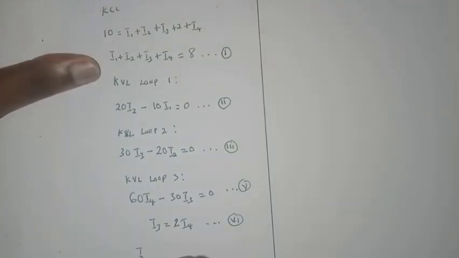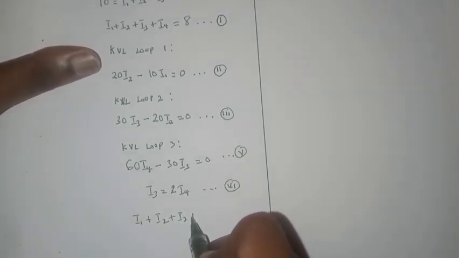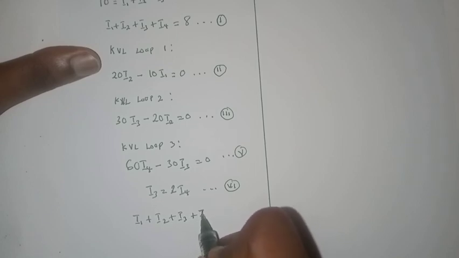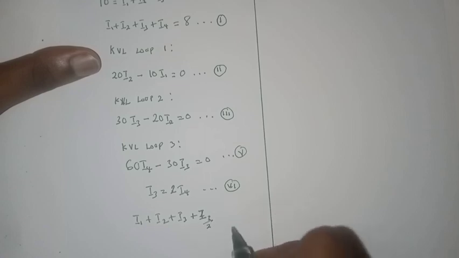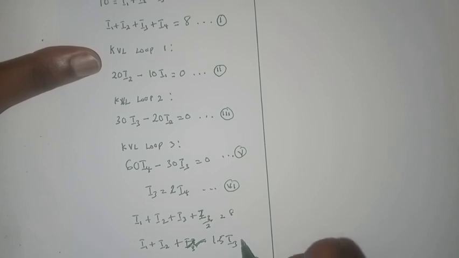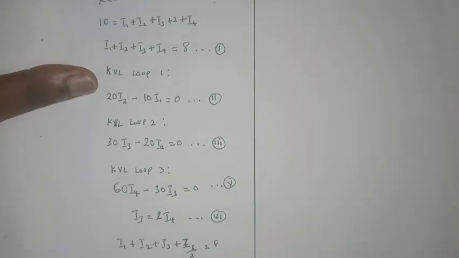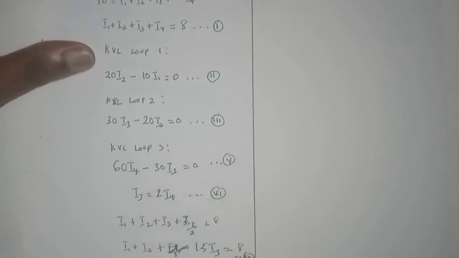If we do so, we have I1 plus I2 plus I3 plus 2 plus I3 all over 2 equals 8, which can be written as I1 plus I2 plus I3 plus 1.5 I3 equals 8. We can call this our seventh equation.